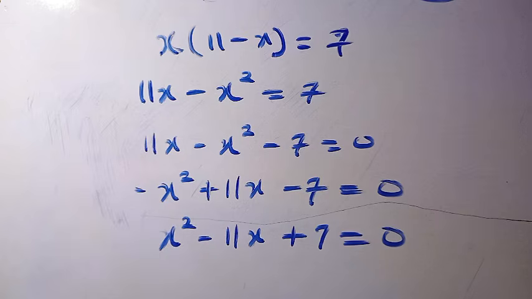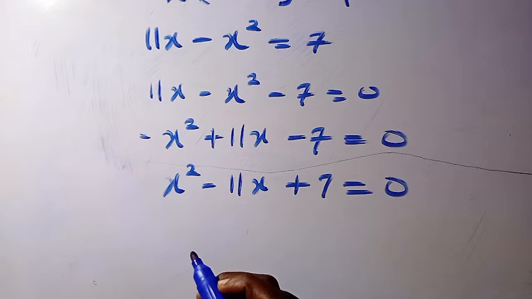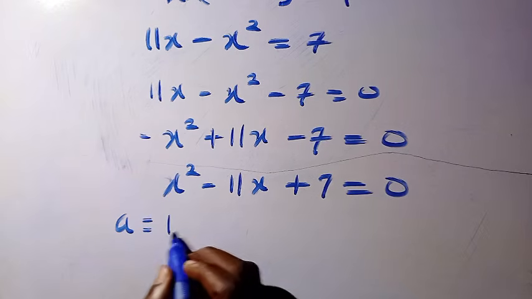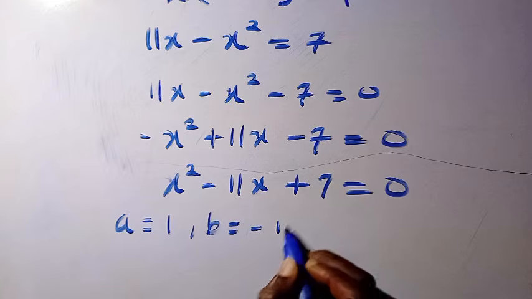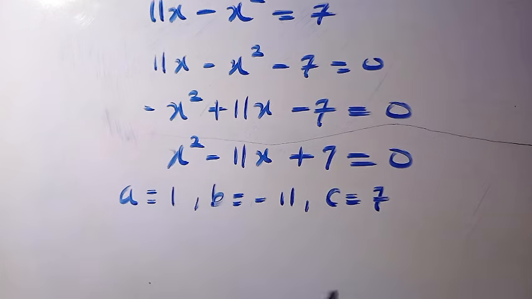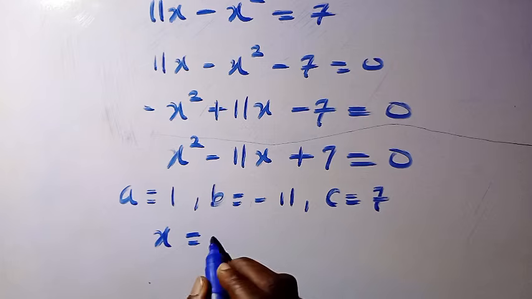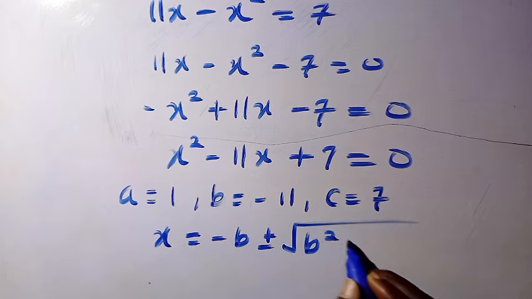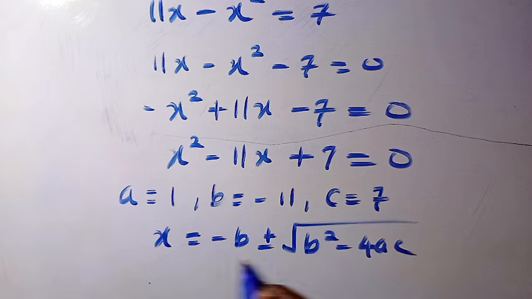This is a quadratic equation and we cannot factorize this. The best way is to apply the quadratic formula, where a equals 1, b equals minus 11 and c equals 7. Applying the quadratic formula, x equals minus b plus or minus the square root of b squared minus 4ac, all divided by 2a.